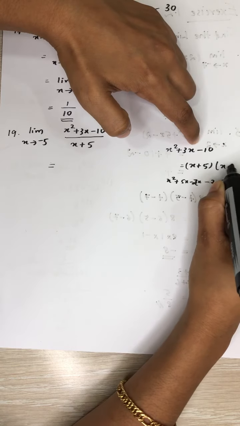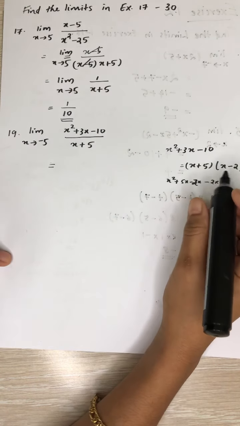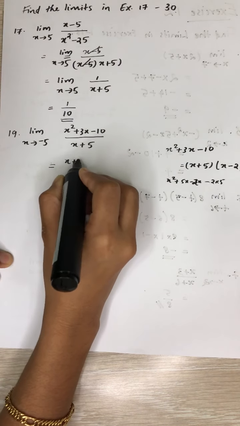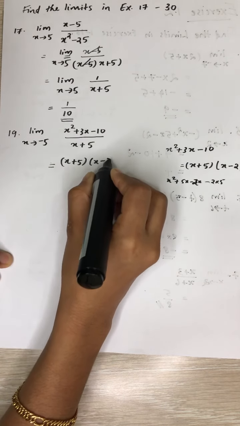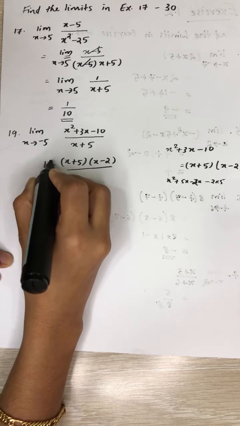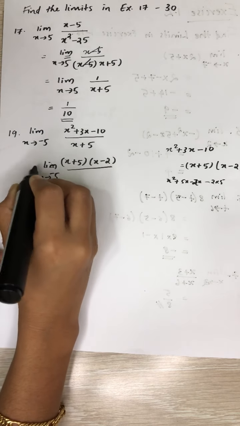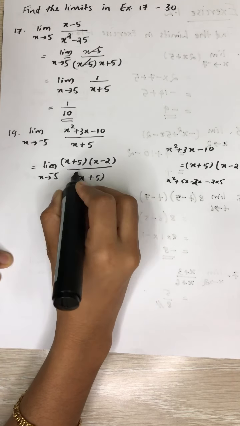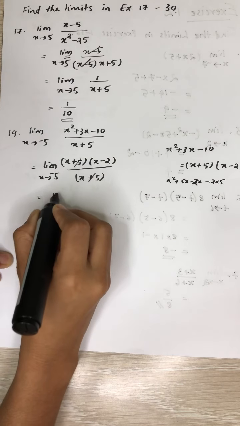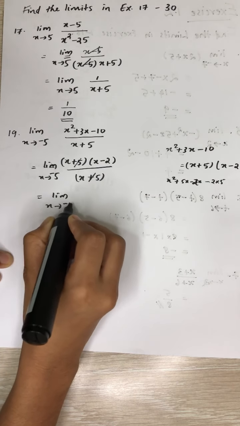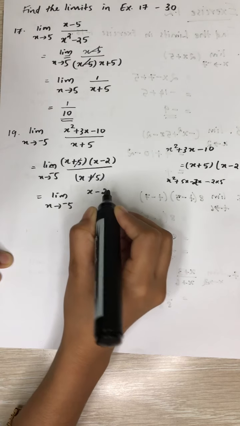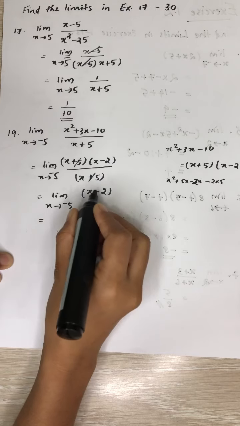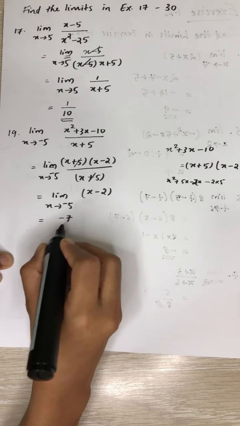We can factorize it like this. So x plus 5 into x minus 2 by x plus 5. Cancelling this, we get limit x tends to minus 5, x minus 2, equal to minus 5 minus 2, minus 7.